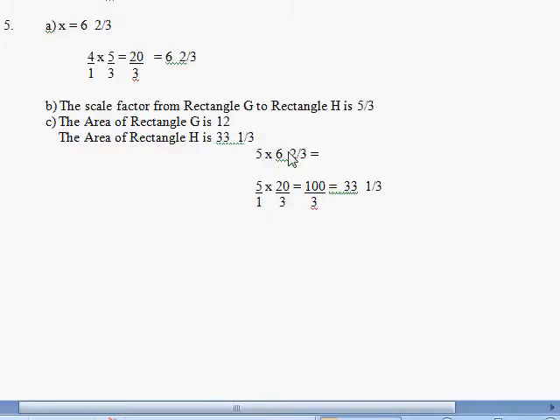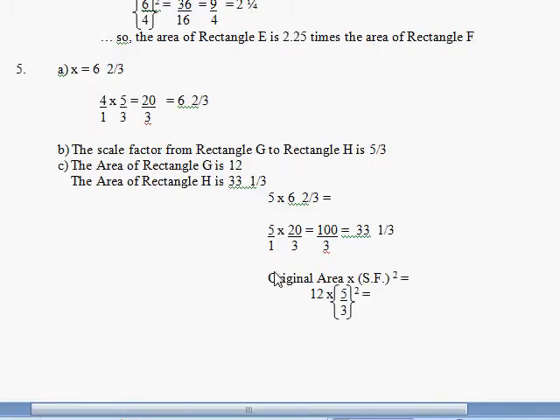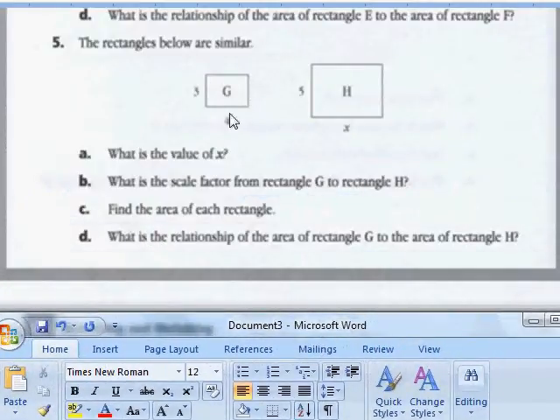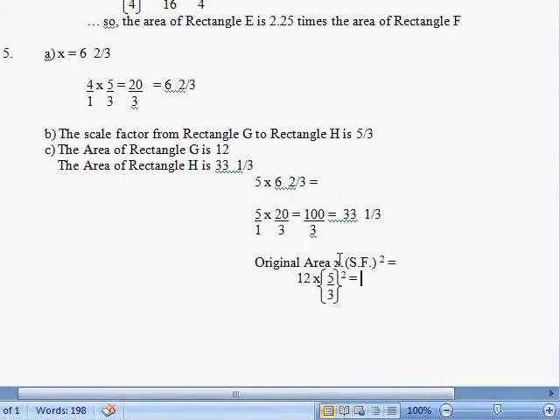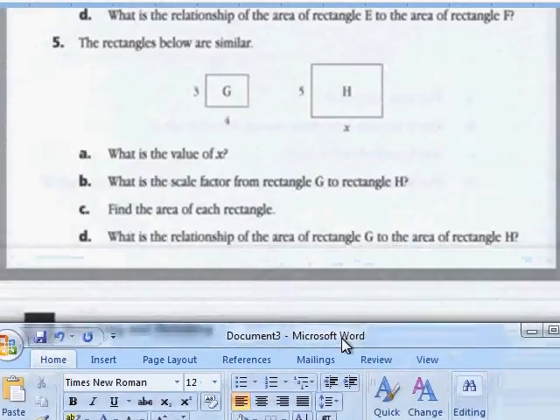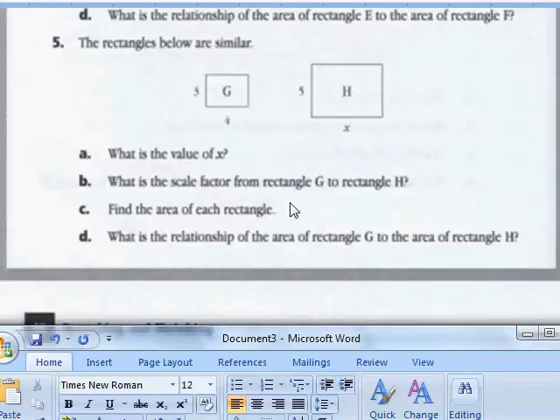Okay, I put my answer there because we know it's 33 1/3, but now we want to use the scale factor method, which is the original area, and the original area was 12, times the scale factor squared. The scale factor was 5/3 from here to here.